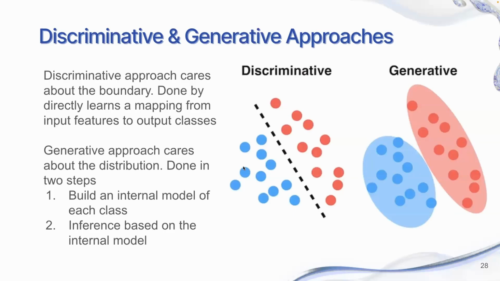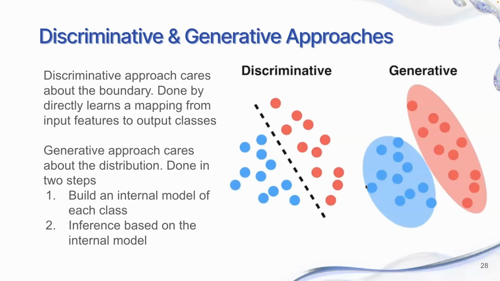Generative models are usually done in two steps. First it builds an internal model for each class, which is what you see here. Once you have this internal model, you can do whatever you want with it. If I give you a point, you can make a prediction, or you can generate some new data. For example, you can generate a data point here that has a small chance of being blue, which you cannot do with a discriminative model because you don't know.